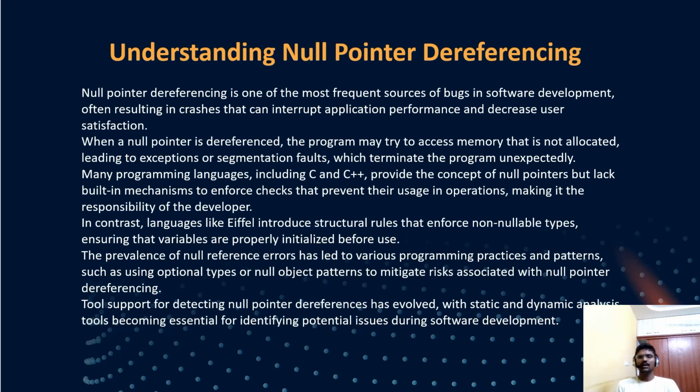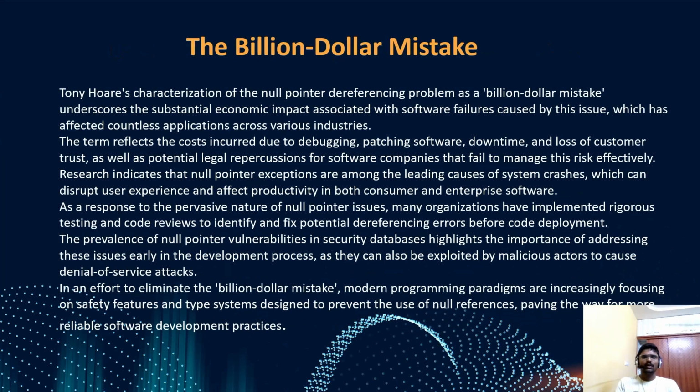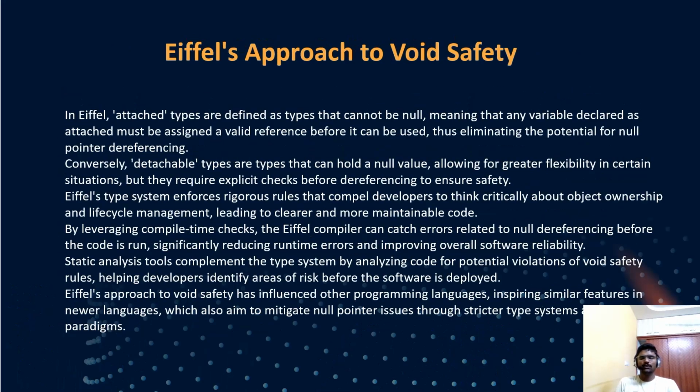Or let us say if we are using a recursion where a pointer points to a stack which does not exist in the recursive stack, then such pointers are also called null pointers. So it is best to avoid such pointers. That is what Eiffel's approach is saying. Instead of using such pointers, why not avoid such usage of pointers?